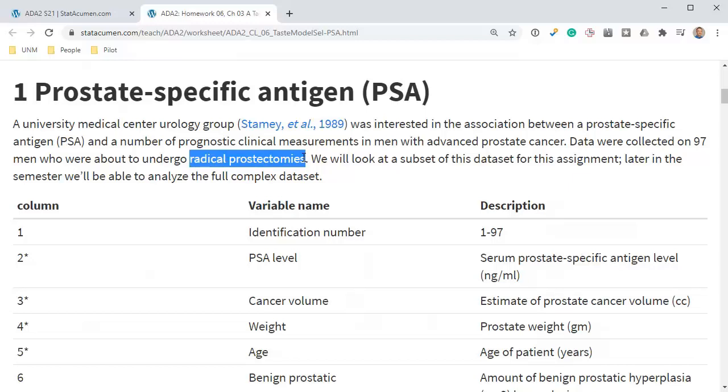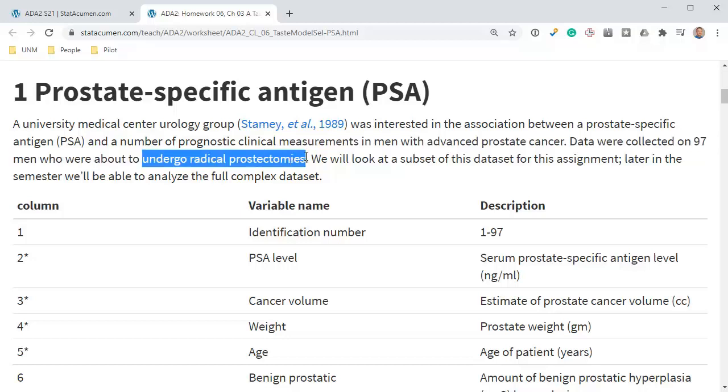So when we start to think about whom this analysis will infer to, it has to infer to a group of people like what's in the sample. So these are all men with advanced prostate cancer who are about to undergo radical prostatectomies.